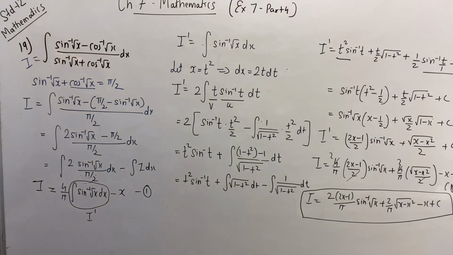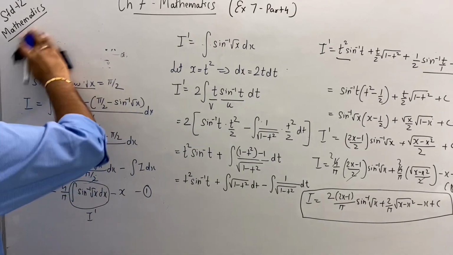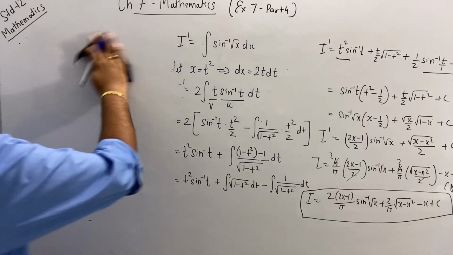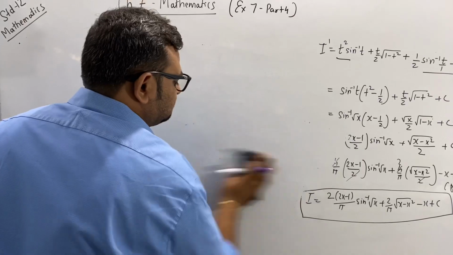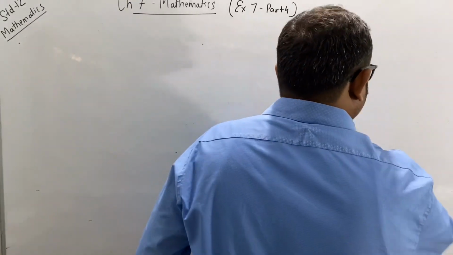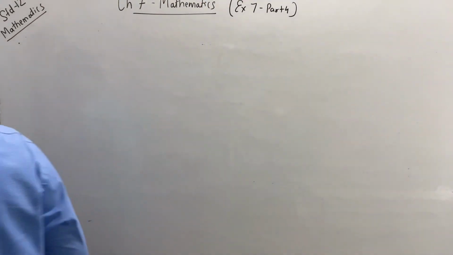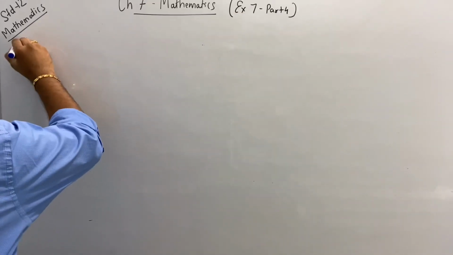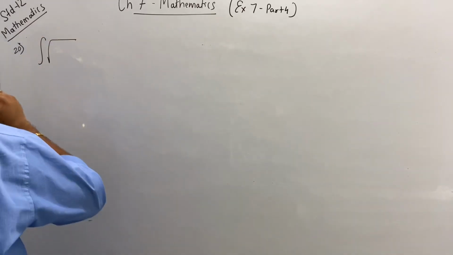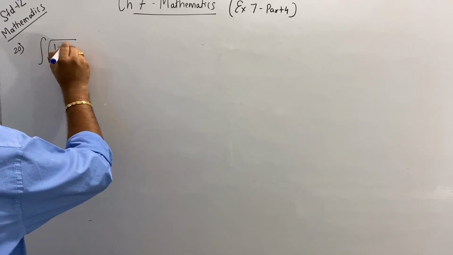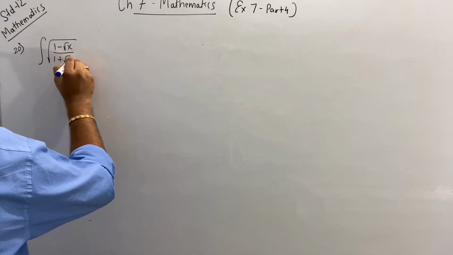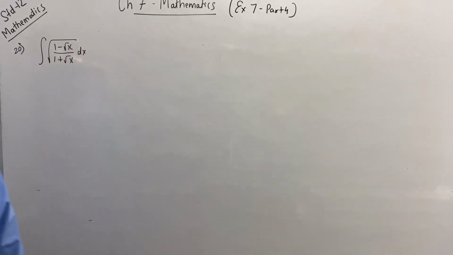Okay, let's move to the next. That is question number 20. Question number 20 is integration of square root of (1 minus root x) upon (1 plus root x) dx.